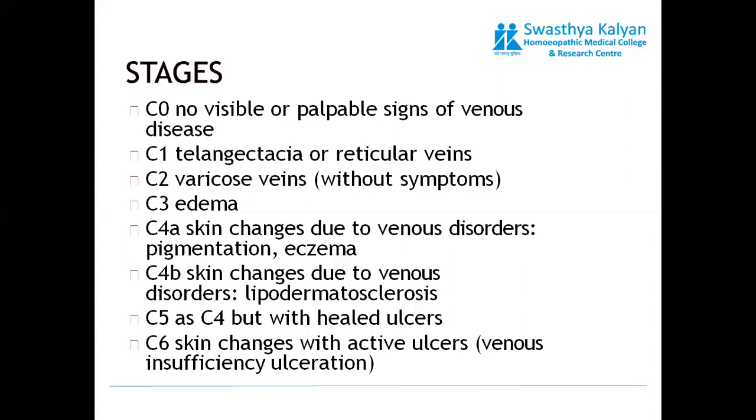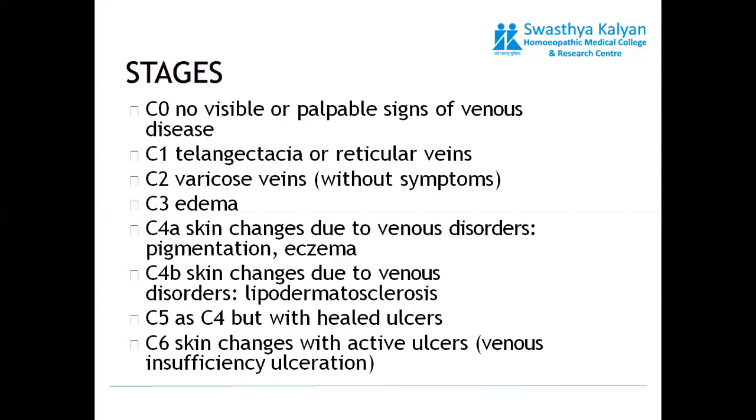Then in C3, we get edema. C4 is divided into two parts. That is, skin changes due to venous disorders, that is pigmentation and eczema will come up, and skin changes due to venous disorders like lipodermatosclerosis might develop.